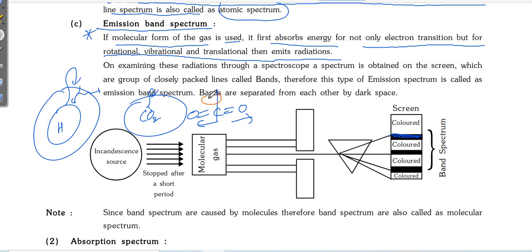That's why it releases different energies, so it gives a band spectrum. So the final conclusion is atoms give line spectrum, molecules give band spectrum. Since band spectra are caused by molecules, they are also called molecular spectra.